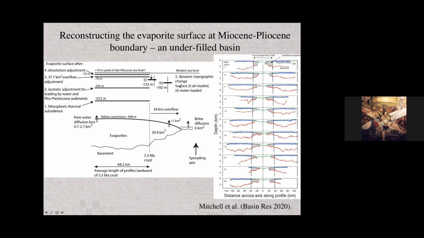So when we do this, we find that the evaporites would have lain at 100 or 200 meters relative to modern sea level, so much higher. And this partly explains, I think, why the spreading center would have been flooded by evaporites, because the elevation of the evaporites relative to the basement would have been much greater. So there's more potential energy for that to occur.